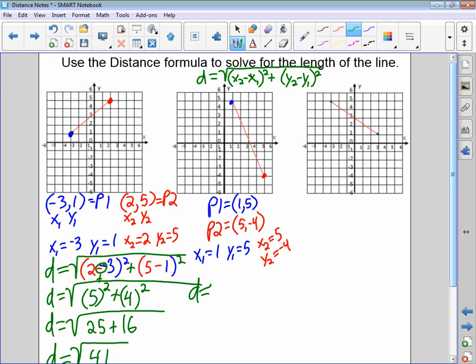The distance equals the square root of x2, which is 5, minus x1, which is 1, squared, plus y2, which is negative 4, minus y1, which is 5, and squared.